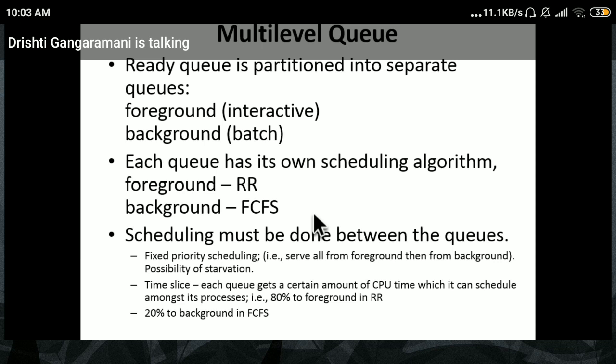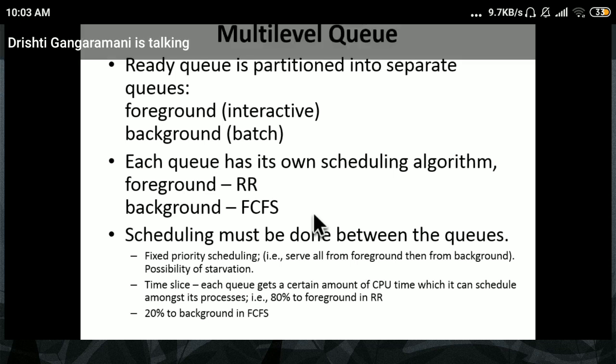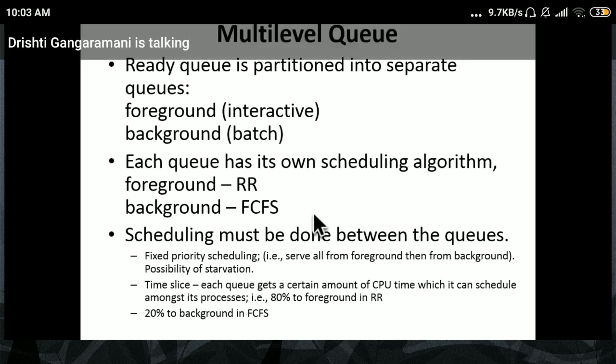I'm just asking a simple term: what is foreground and background? No answer? What is foreground?